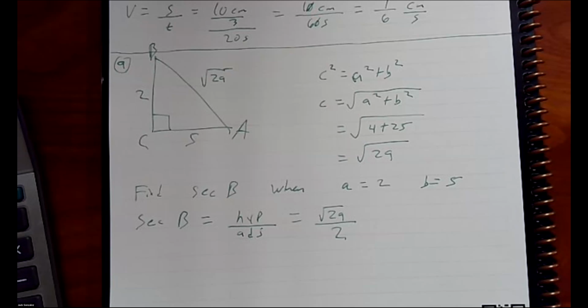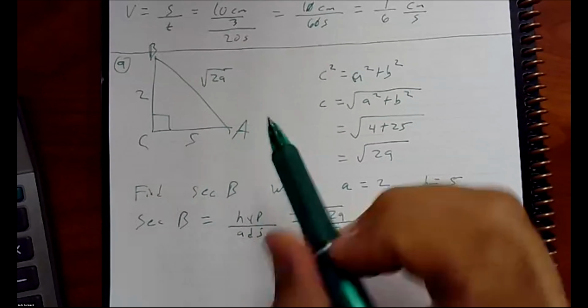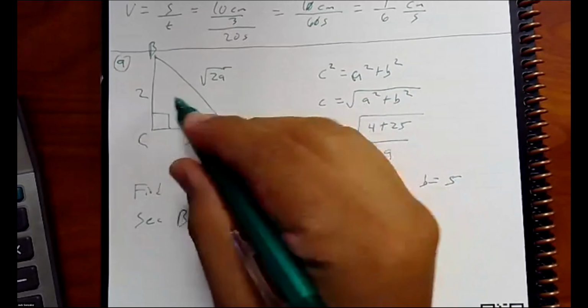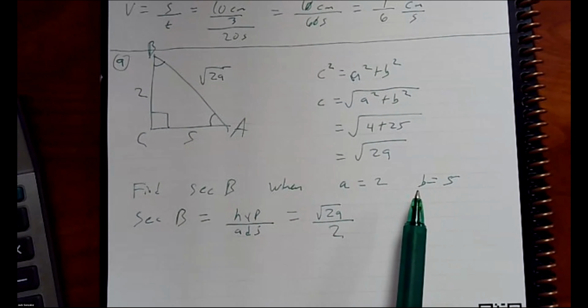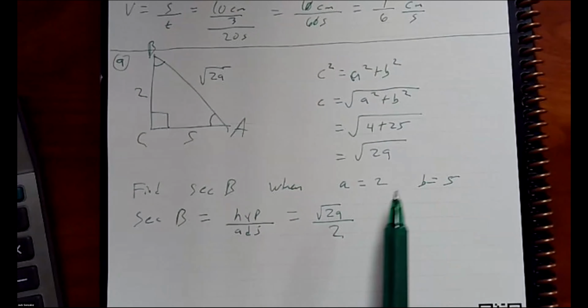Just remember, A and little a are opposite sides. So here's my angle A, so opposite is 2, right? Here's angle B, opposite is 5. So depending on where you put these will determine where the angles are, okay? The labeling.